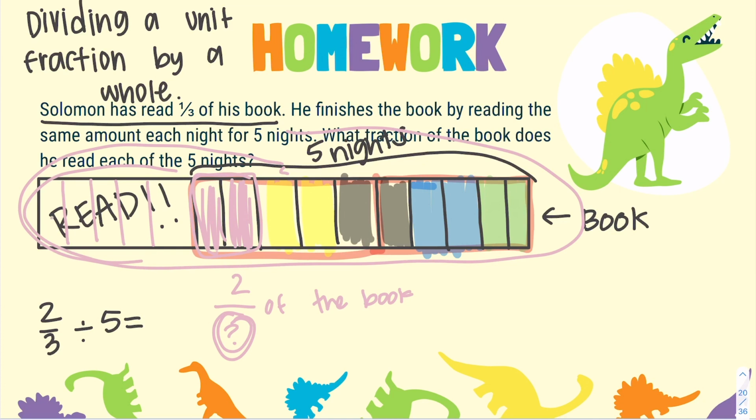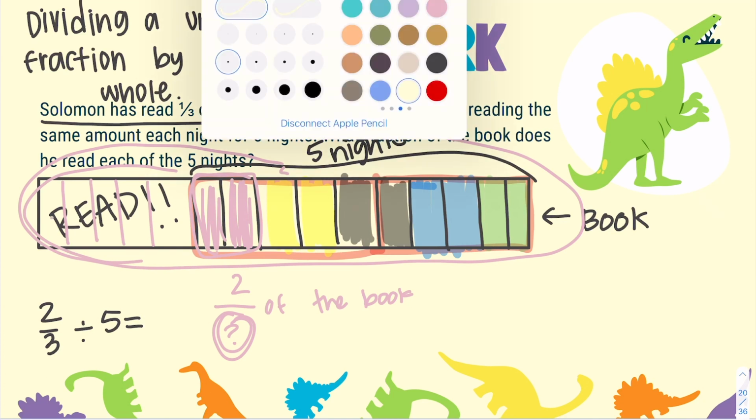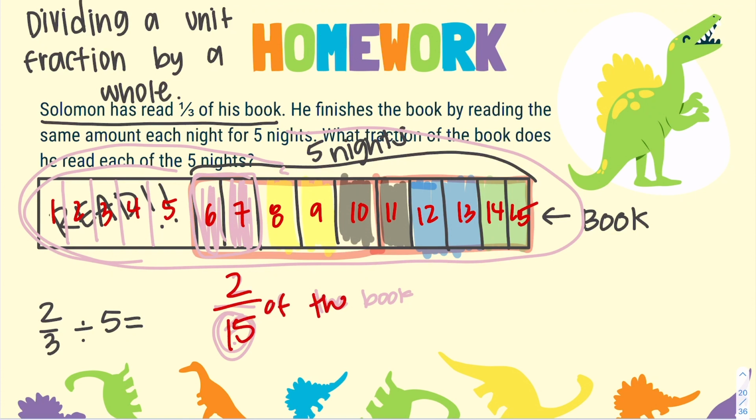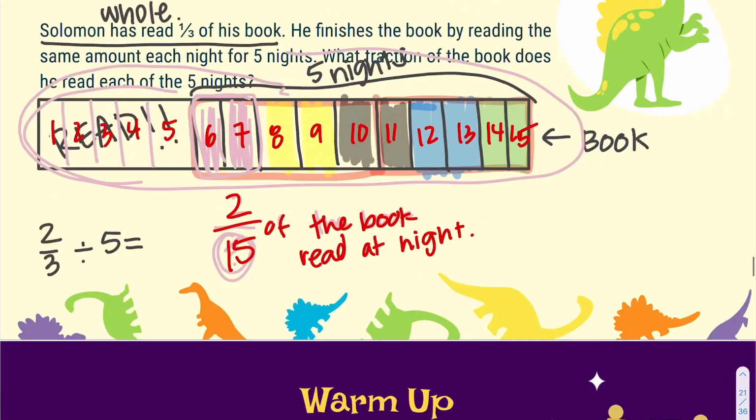Let me do it in a different color so you can see it better. 1, 2, 3, 4, 5, 6, 7, 8, 9, 10, 11, 12, 13, 14, and 15. So it is 2/15 of the book read at night, and that is your answer.